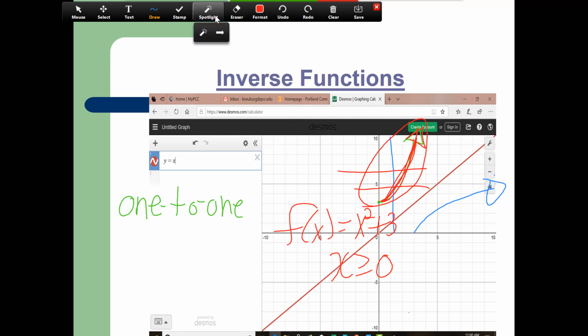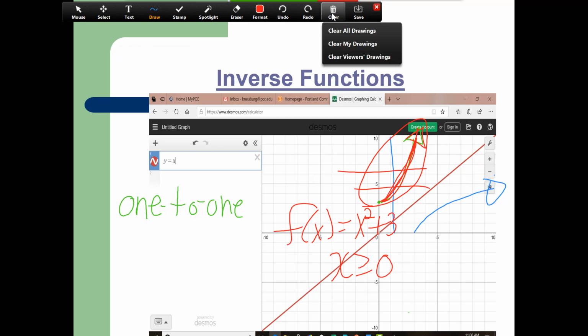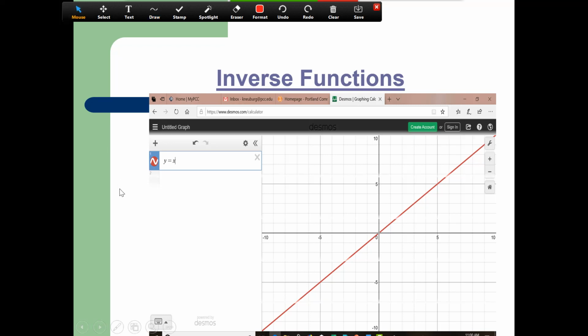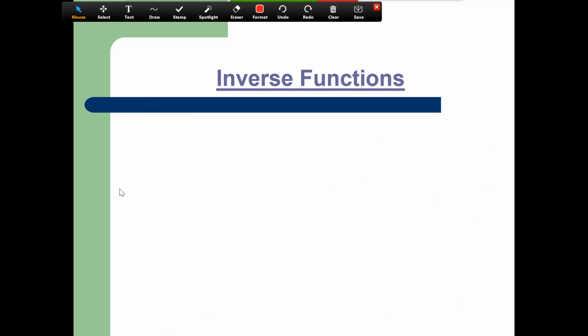So I'll clear out what we have here. And you'll notice that the steps that we do for finding an inverse are going to be very similar to what we talked about when we reflect over this line, that the x's and the y's switch. That's going to be key. So let's go ahead and find an inverse.